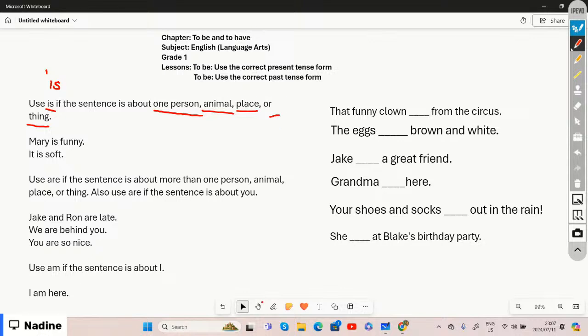And if we look at an example of how we can use the word is, then it says Mary is funny, because we are saying that one person is funny.